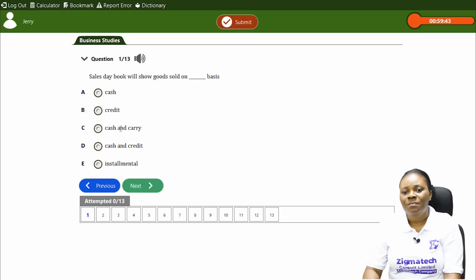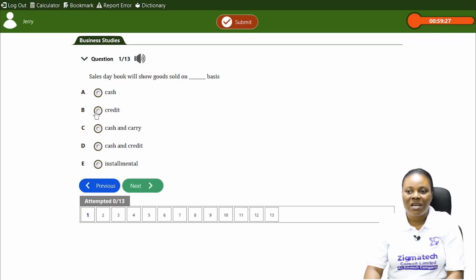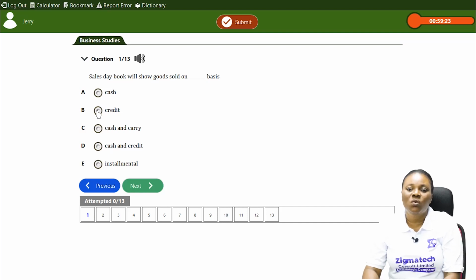A, cash. B, credit. C, cash and carry. D, cash and credit. E, installmental. The answer is B, credit basis. I said sales daybook is used to keep record of all credit sales. So the answer is B.